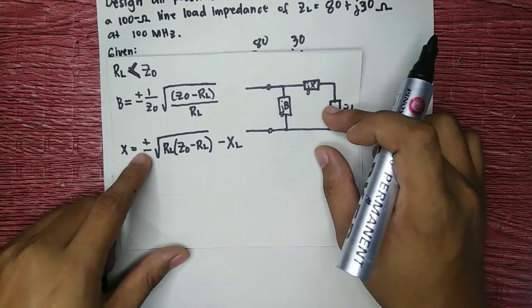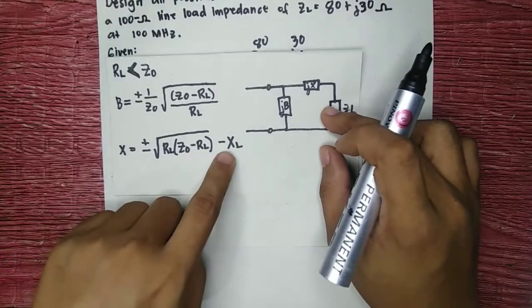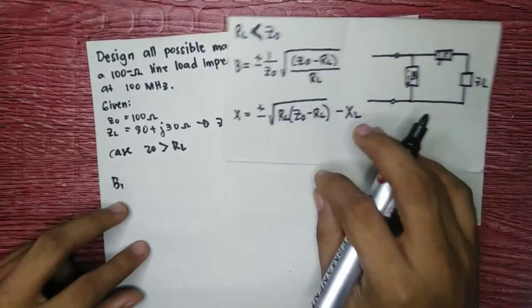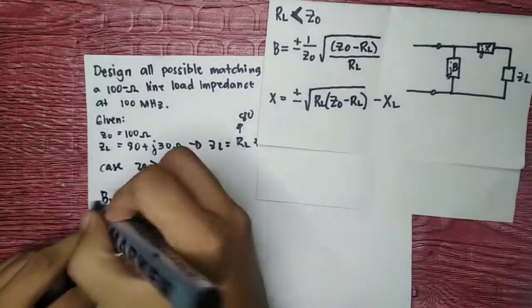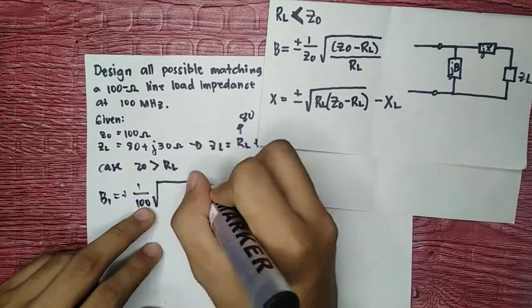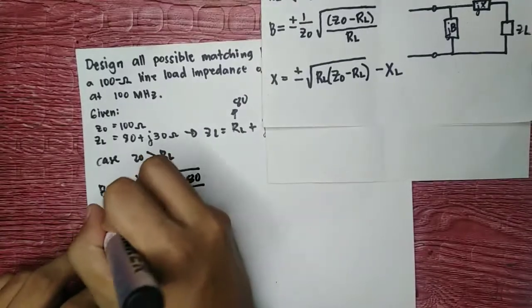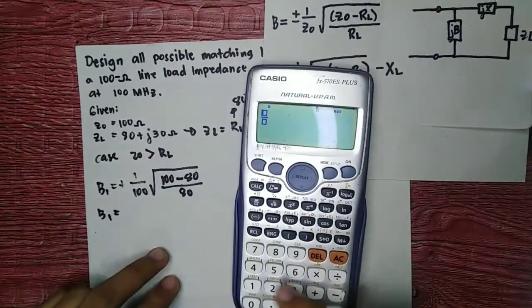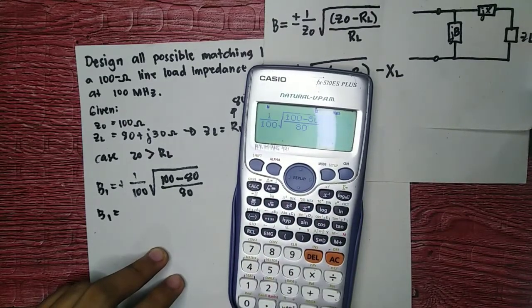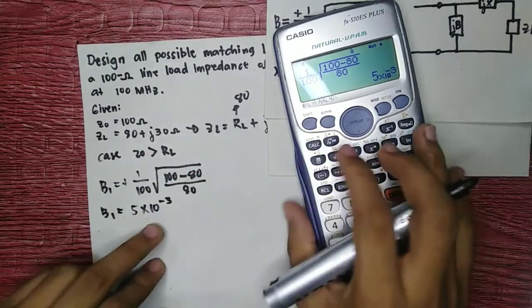For X: plus or minus the square root of RL times (ZO minus RL) minus XL. So let's input the given. So B1 is plus 5 times 10 raised to negative 3.